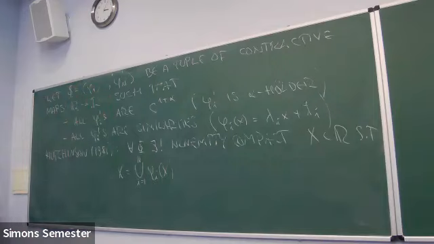And in the first case, where all of these maps are C1 plus alpha, we say that this X is a self-conformal set. And in the second case, when they are similarities, then we say that it's a self-similar set.